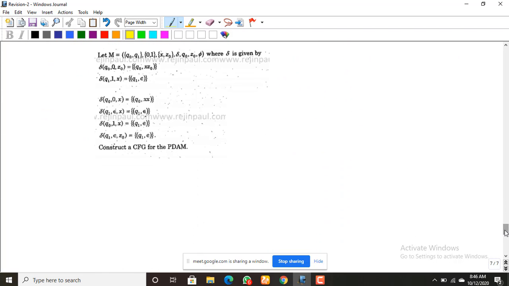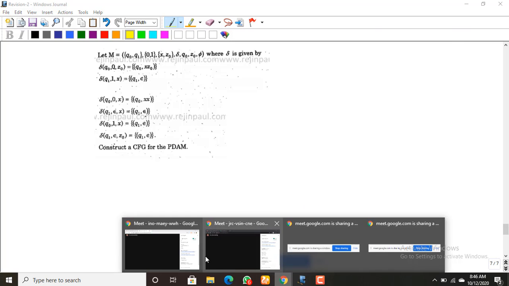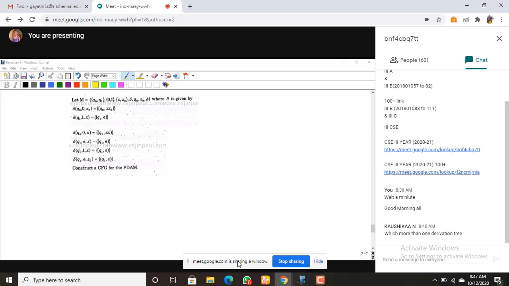So the next one is the part B problem. What is the input for this problem? Post in the chat box. What have they given as input?